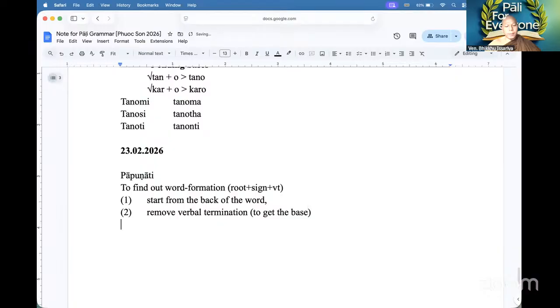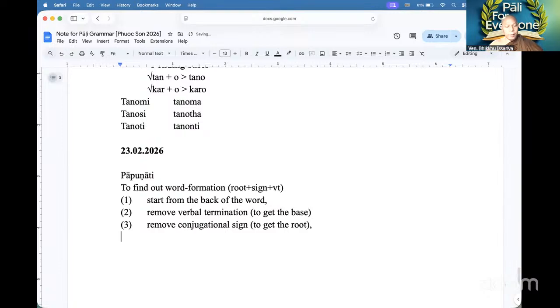Now the second step: remove the conjugation sign, to get the root. At that time, maybe some verbs can be solved with these three steps, but some are not.